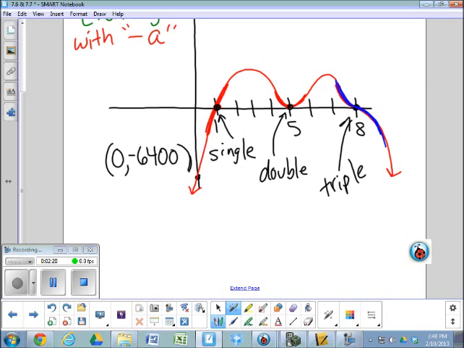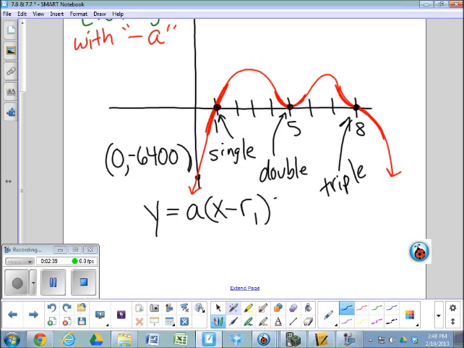So I don't necessarily know that that part's negative, but I know that this root has a cube on it. So as you're working from left to right, doing your x minus r1 and your x minus r2 and your x minus r3, because how many roots are there? 3.